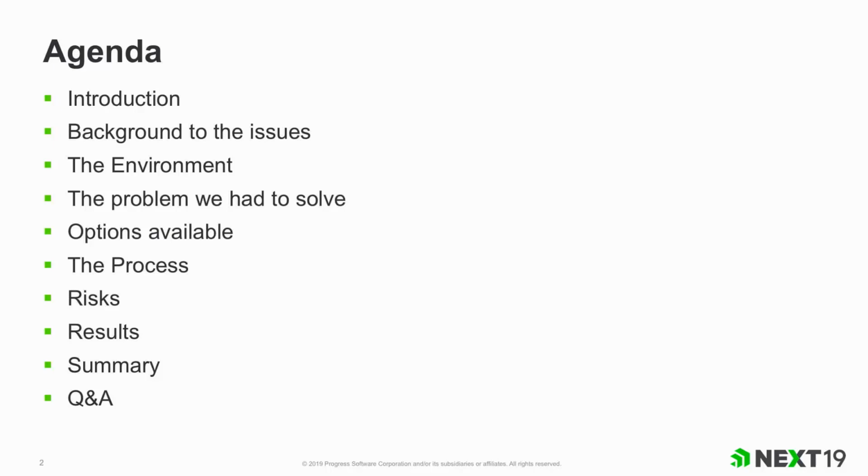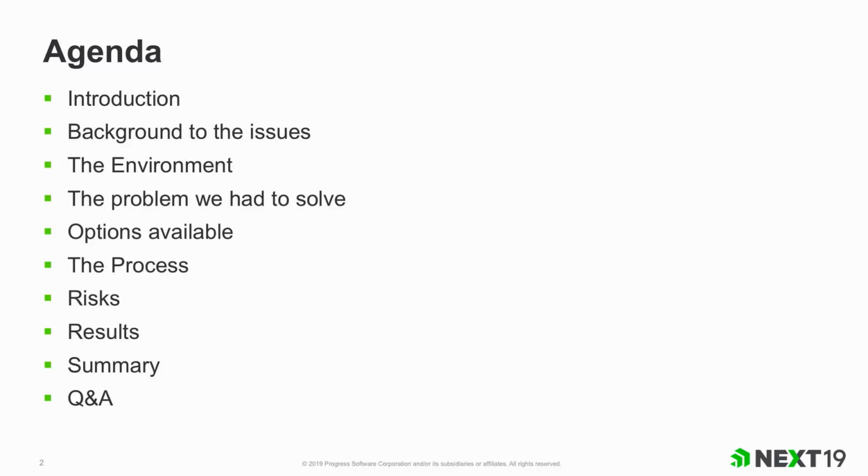So what we're going to do is go through a little introduction. I was supposed to have a co-speaker, but work-related items hit him and he couldn't come. So we're going to talk about some of the background that we faced, the environment that we were in. This is not environment specific, it's technology specific on how we did things, but it's applicable to other environments.